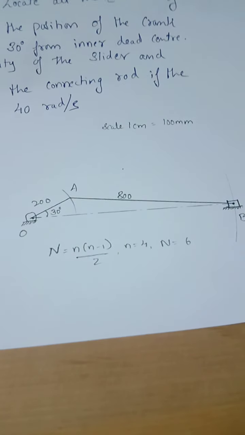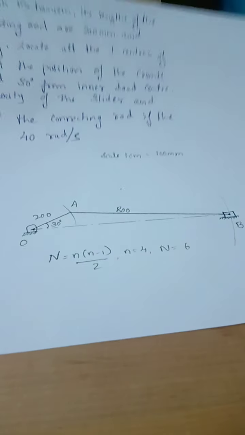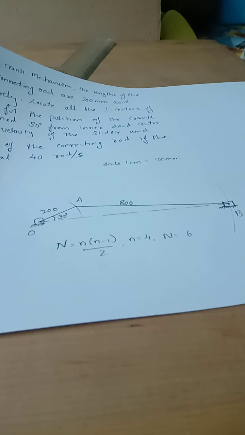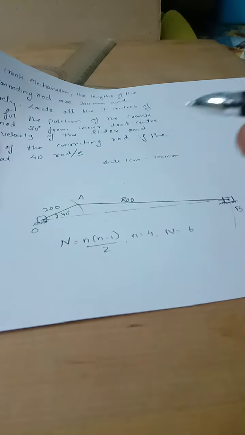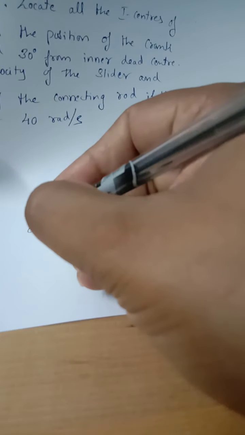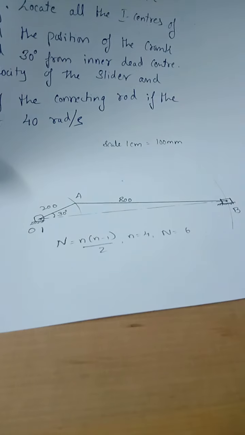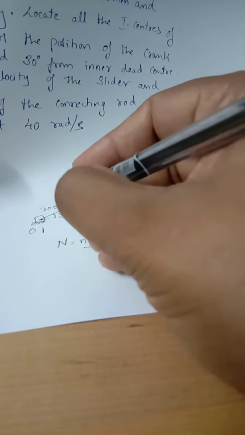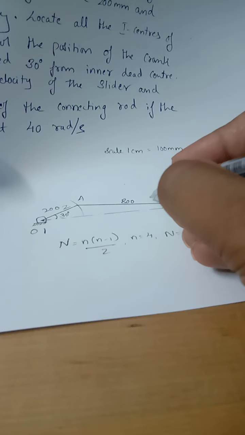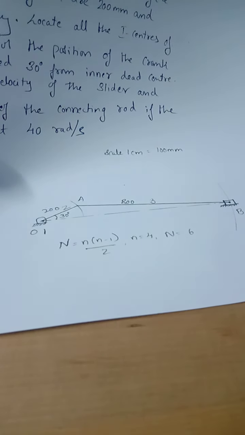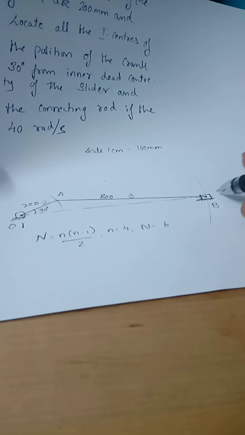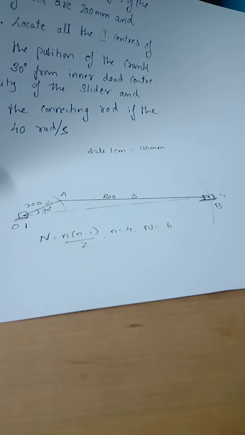Now we will give numbers to the links. Which are those 4 links that we will identify? See, this is one fixed link, and this is link number 2, and we have link number 3, and the slider is nothing but link number 4.